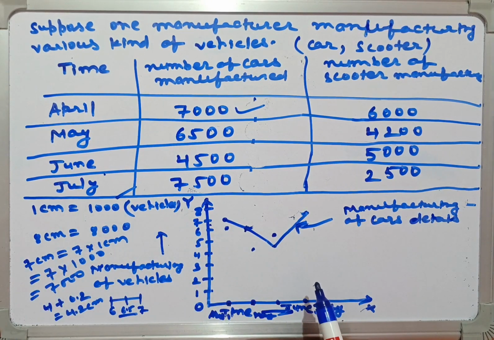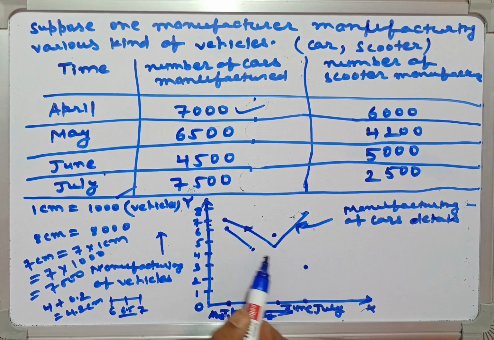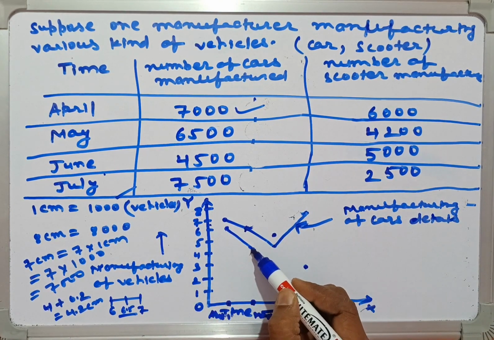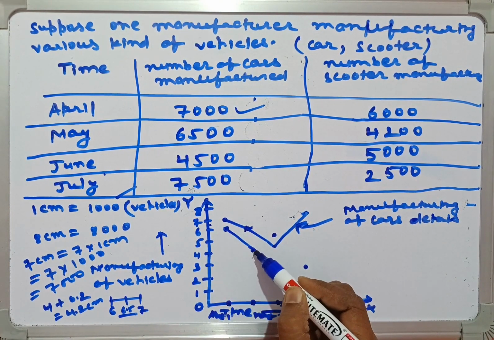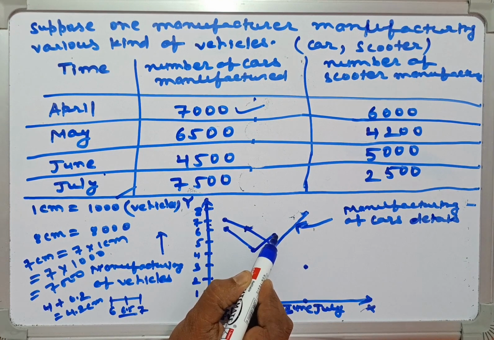Production went down, so this point 2.5 will come here. We represent one dot here. Again, we will connect these points by straight lines, one by one.